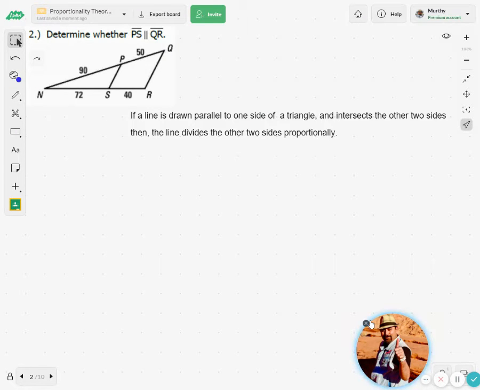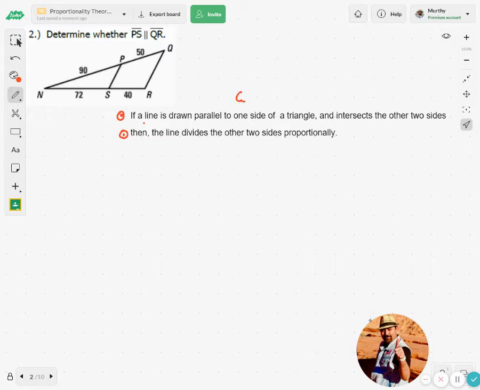If a line is drawn parallel to one side of a triangle and intersects the other two sides, this is the first part of the statement. Then the second part of the statement is: then the line divides the other two sides proportionally.